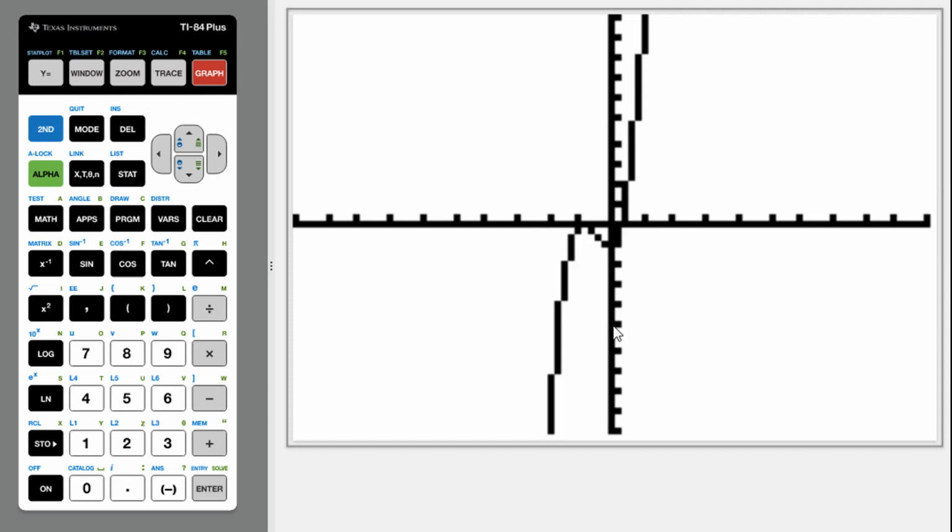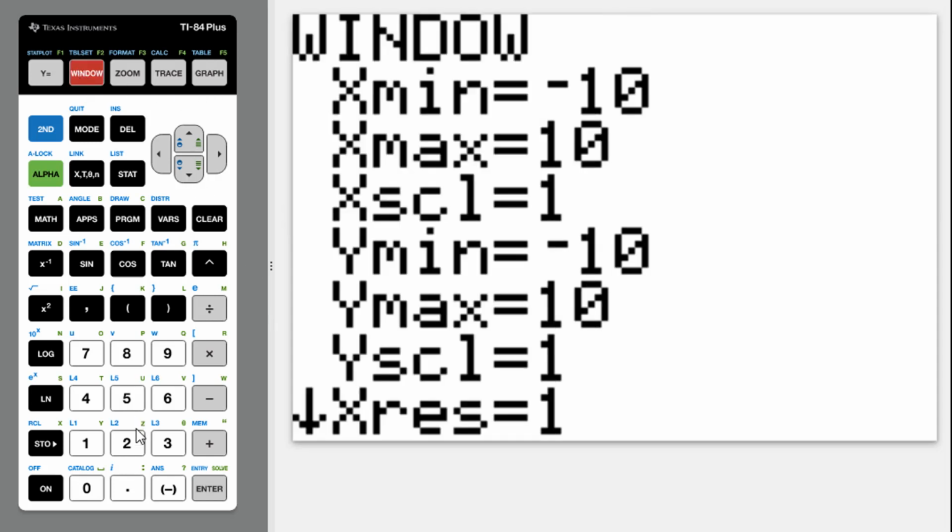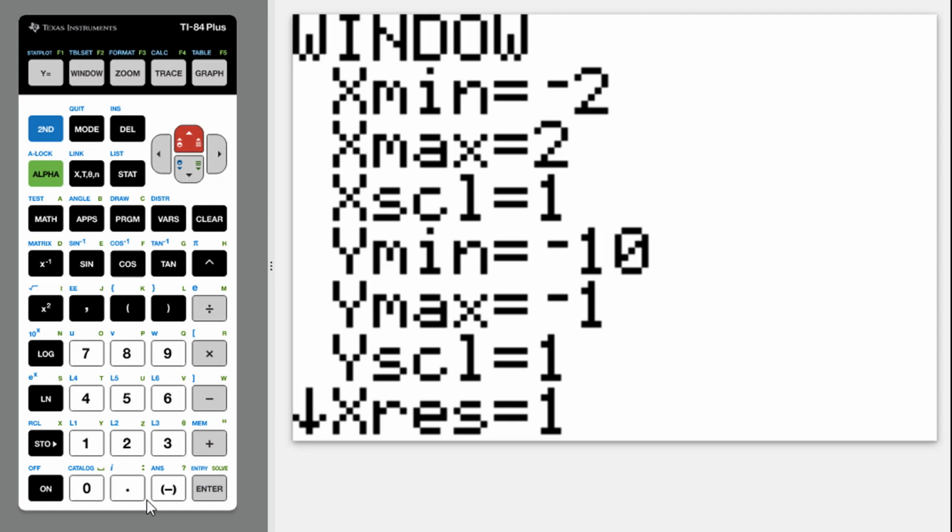For the y-axis, we can make it from -1 to +1. So go to window. -2 as minimum, +2 as the maximum. For y, minimum, let's do -1. For maximum, let's do 1.